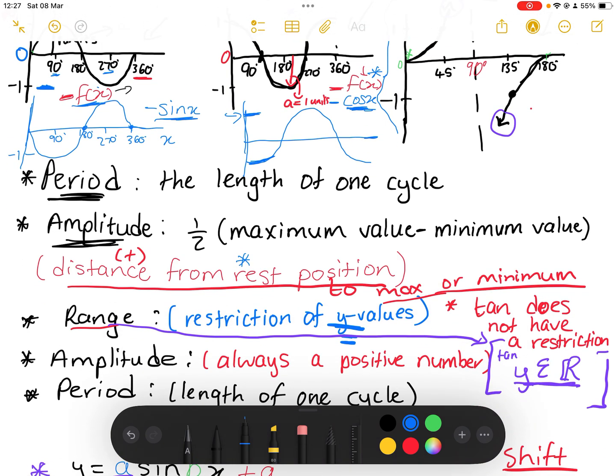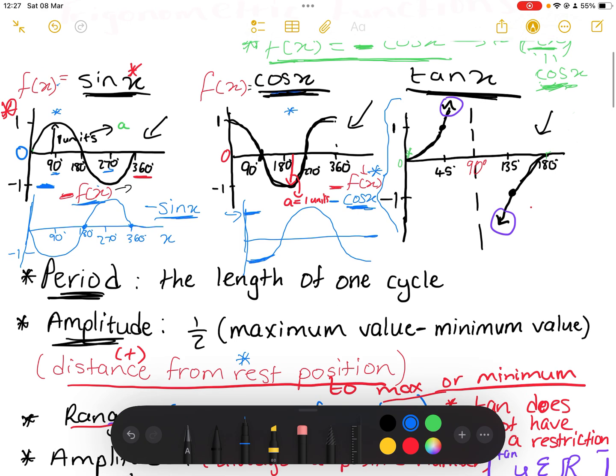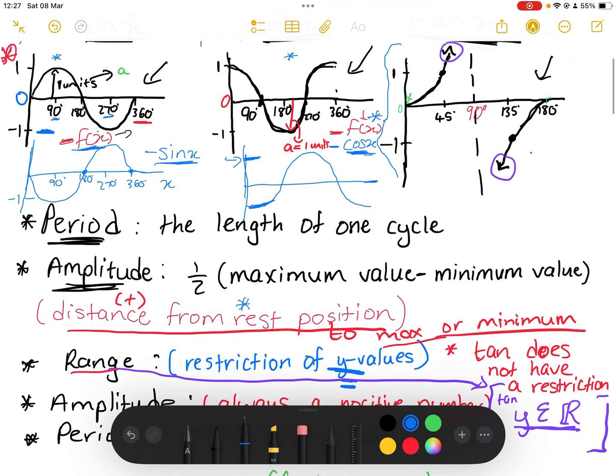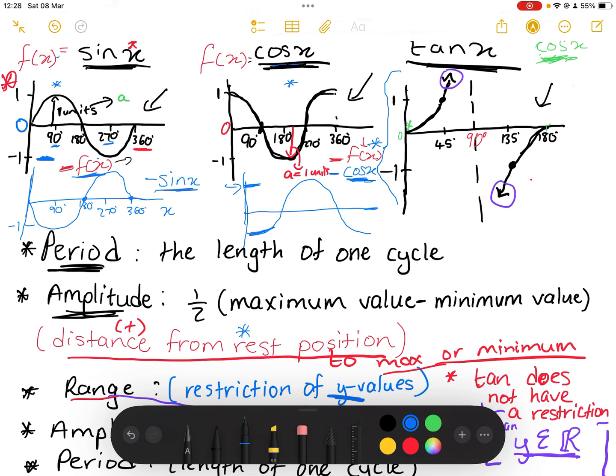For tan, remember I was talking about sine and cos, but does tan have a range? Remember, what did I say? Range is a restriction of y values. Tan does not have a restriction. It's endless, going from -infinity to positive infinity. I even circled the arrows for tan in purple. What do the arrows mean?